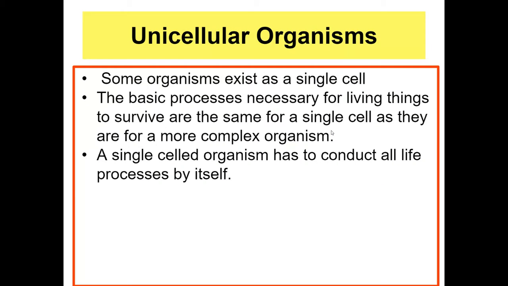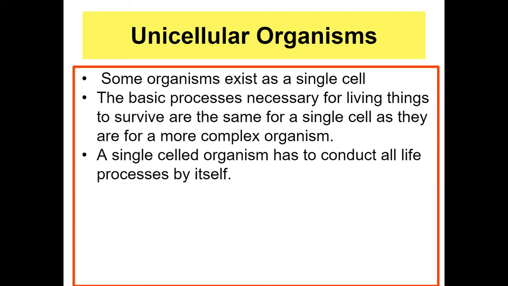And so let's talk about why unicellular organisms are considered living and considered a cell. So some organisms exist as a single cell. So all of the processes, the metabolism, the growing, they grow only when they're about to divide for the most part, and they never really develop because they don't mature.